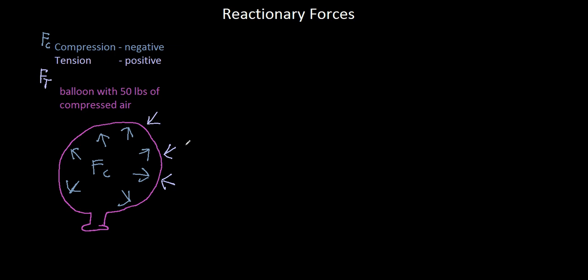We've got all these arrows fighting back, and they are our force of tension. And they're all coming around as well. And if our compression force equals 50 pounds, then our tension force, assuming it's not breaking, also has to equal 50 pounds.